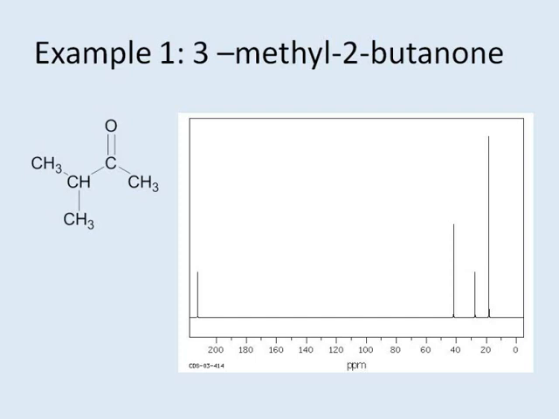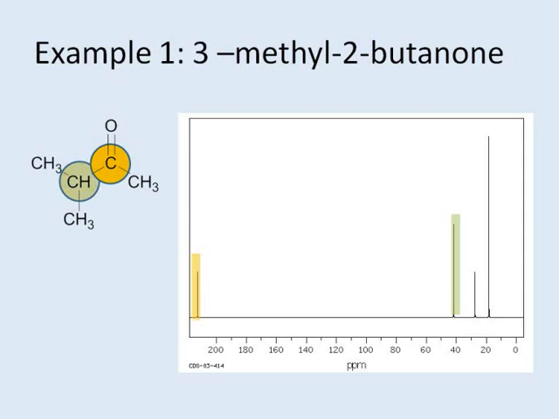Assigning the carbon-13 NMR spectrum of 3-methyl-2-butanone, the peak above 200 parts per million belongs to the carbon atom of the carbonyl group. The next peak, with a chemical shift of approximately 40 parts per million, is a carbon of the CH group adjacent to the carbonyl bond.